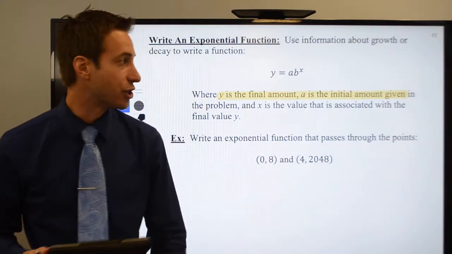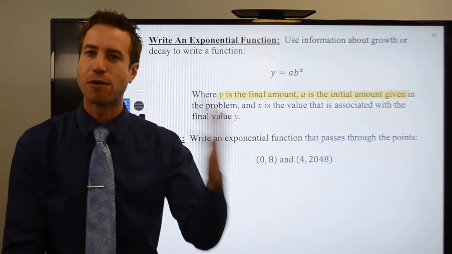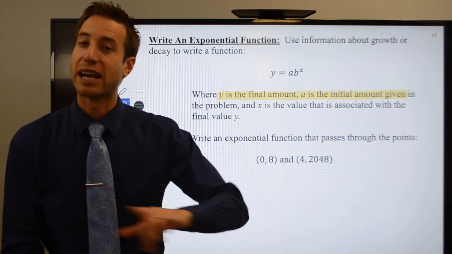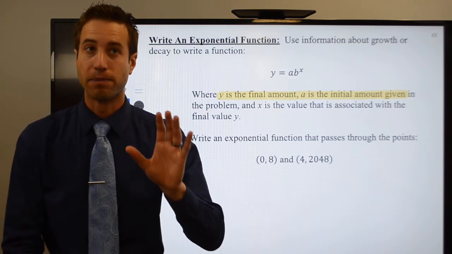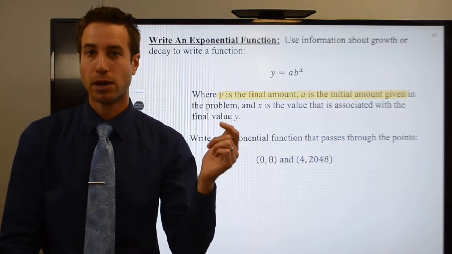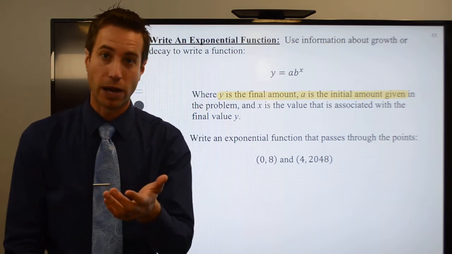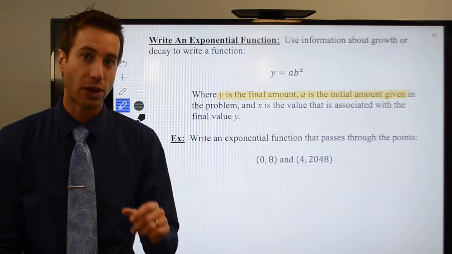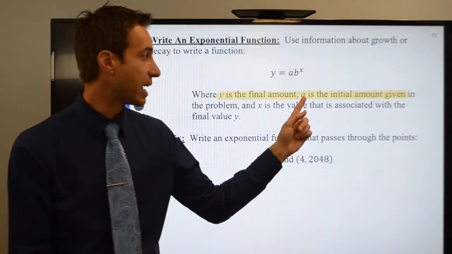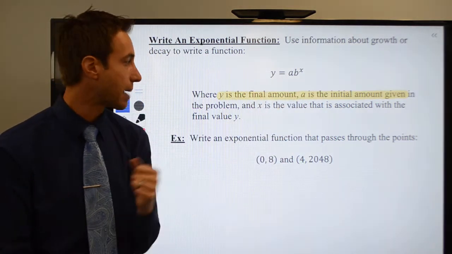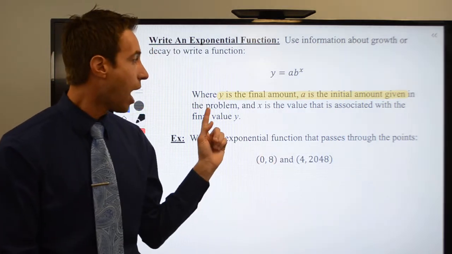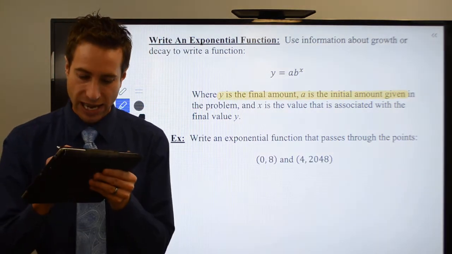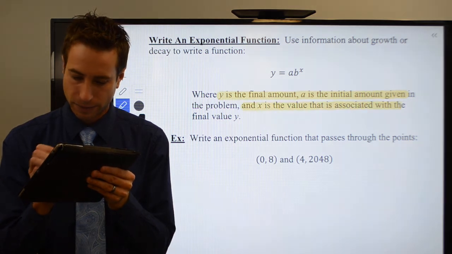You should recognize that from when we used the exponential growth and exponential decay equations from the previous section, Chapter 7, Section 1. We did a couple of word problems with exponential decay and exponential growth equations, and we had an initial and a final amount. So same idea here. In the problem, x is always going to be the value that's associated with the y.